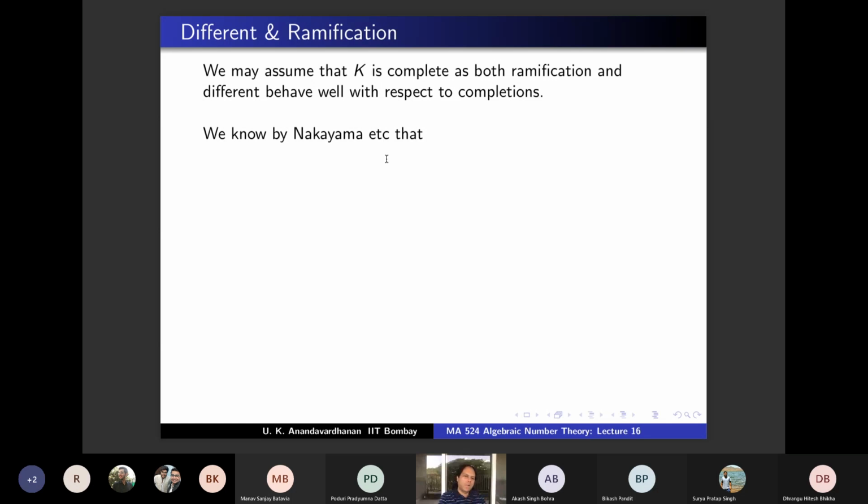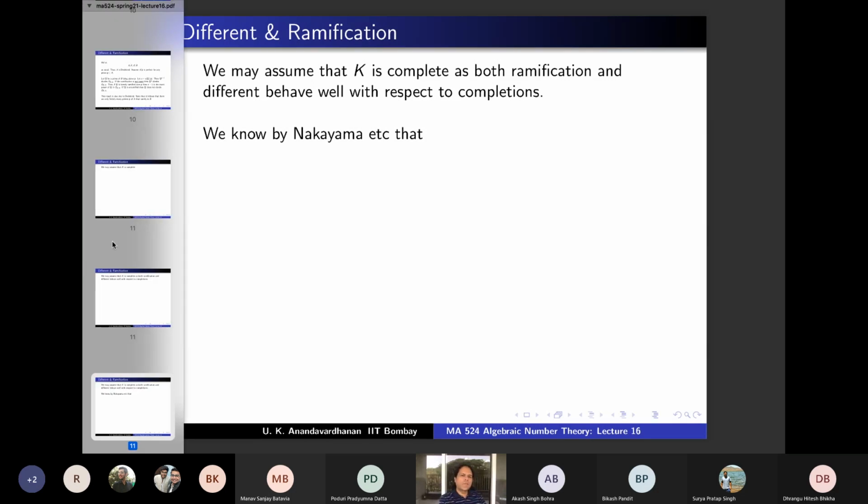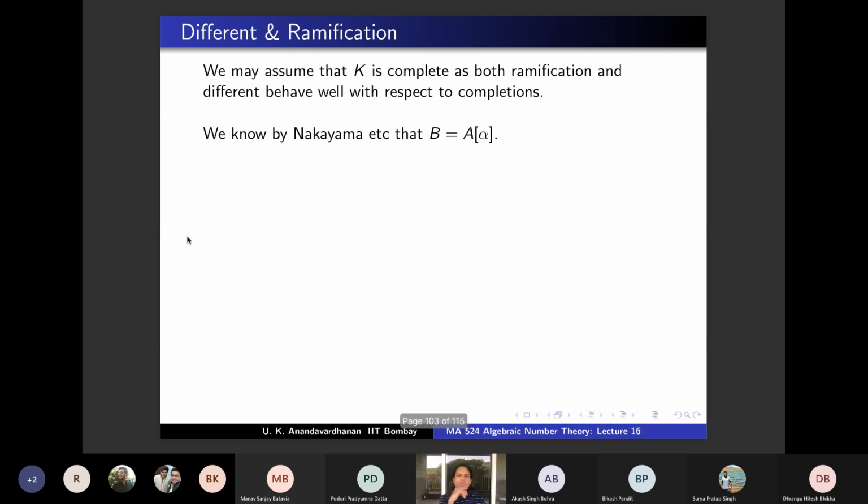And this can be applied in the local situation because it's complete and it's a DVR and you have exactly one prime lying above. So that result is true, and therefore you have B equal to A bracket alpha for some alpha. This is always true because you are assuming it is complete.